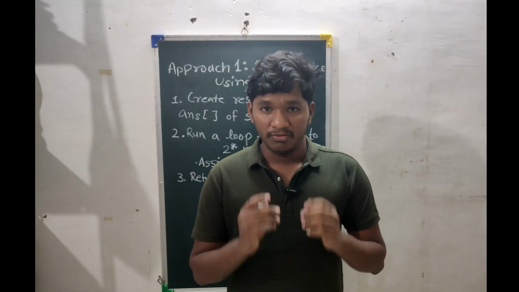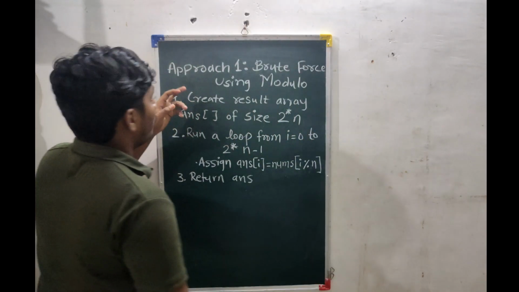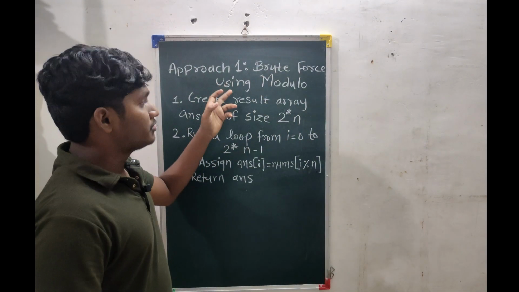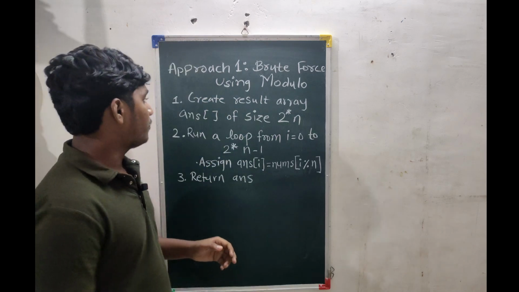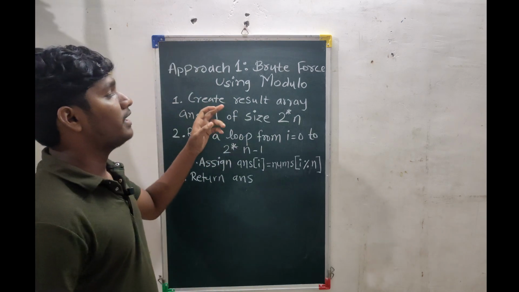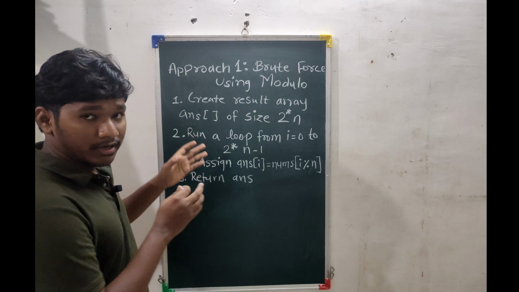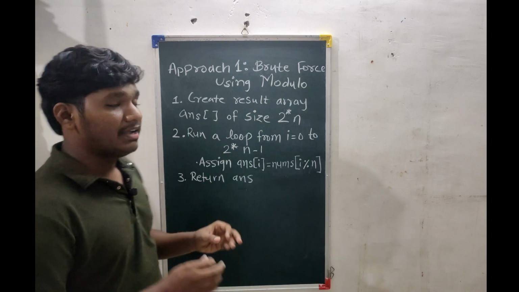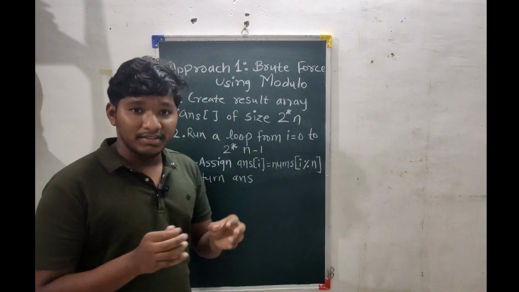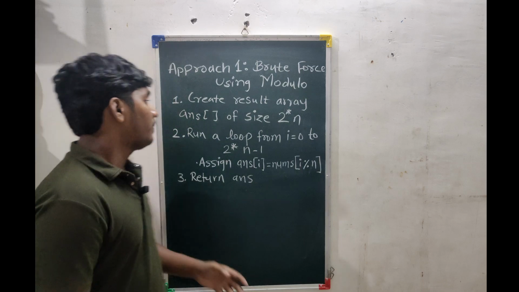So let's see our first approach, approach number 1, brute force using modulo. In this approach, in the first step we have to create a result array, here named answer array, of size 2n, where n is the length of our input array.